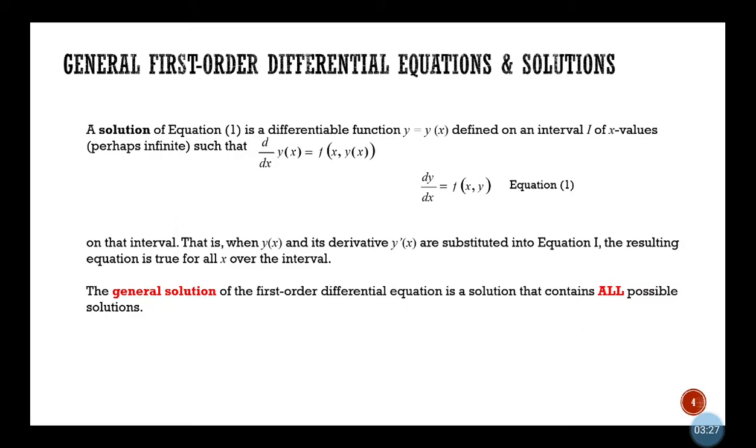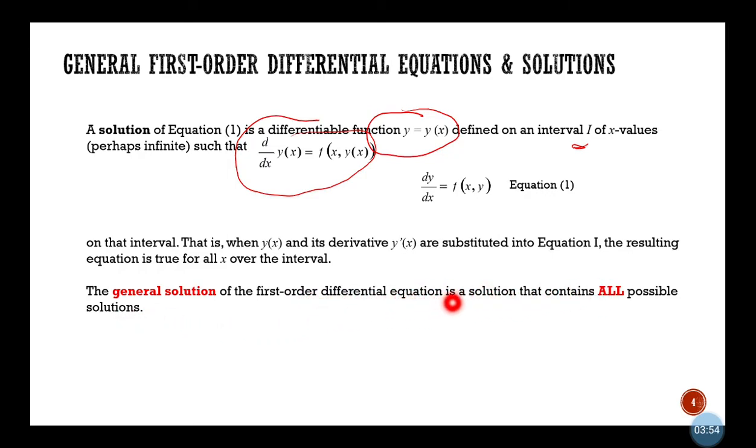So as I said just now, for this chapter we are looking for the solution of the differential equation. A solution of equation 1 is a differentiable function y = y(x), defined on the interval I of x values, perhaps infinite, that satisfies this equation. Okay. So the general solution means a solution that contains all possible solutions.